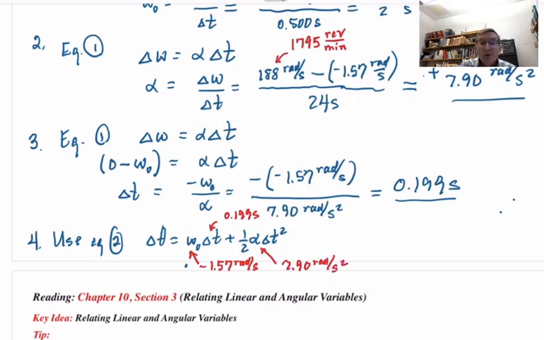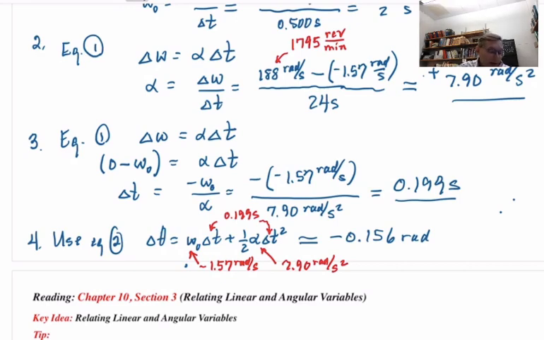For the delta t squared, plug in 0.199 and square it. Do that carefully on your calculator. You'll get a quantity with units of radians, and it turns out it's negative 0.156 radians. Negative, which you should expect because for this interval, the rotation is clockwise, and that's negative.